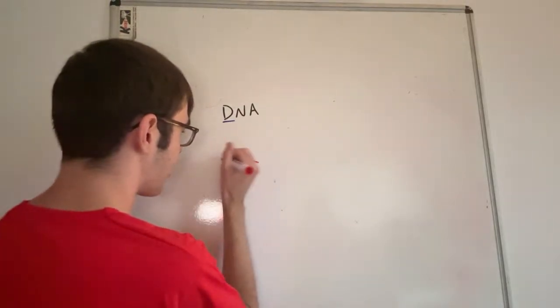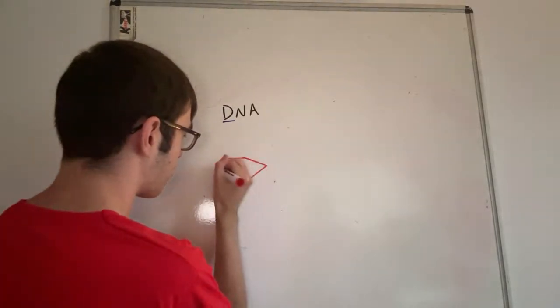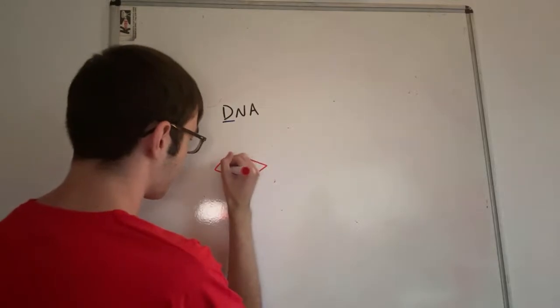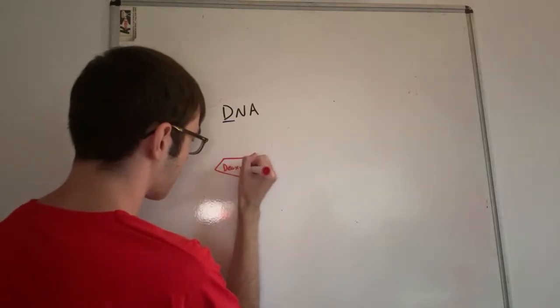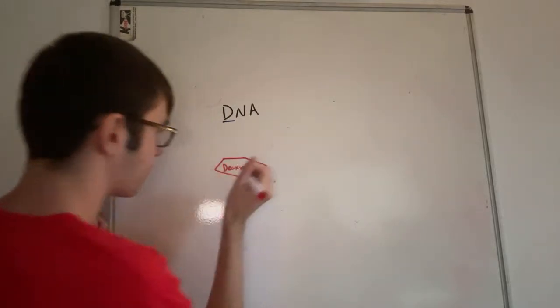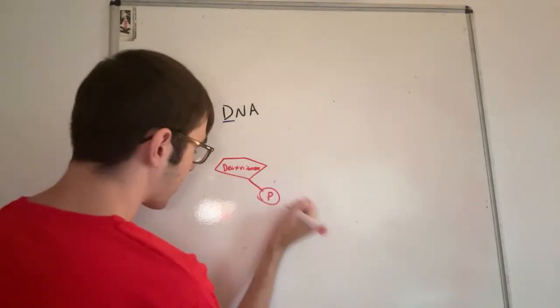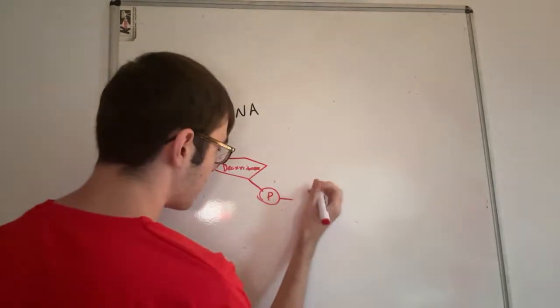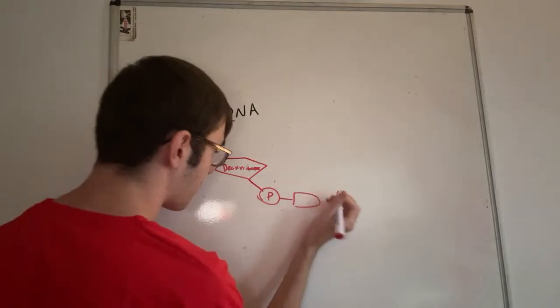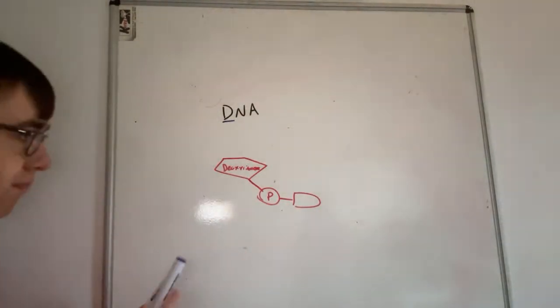So firstly we're going to start off with the pentose sugar here, which is obviously going to be deoxyribose. Then we're going to draw our inorganic phosphates, and then next to that we are going to have our nitrogenous base.